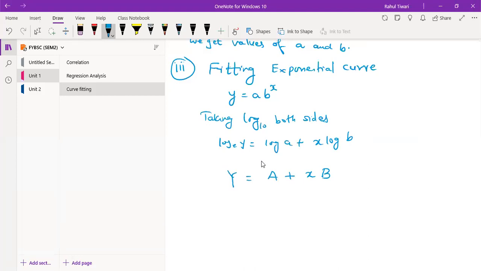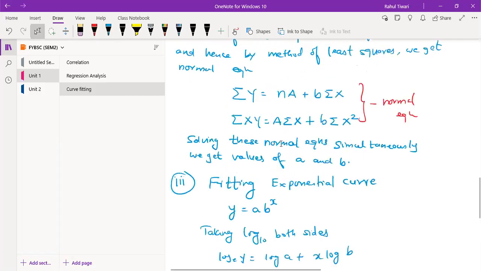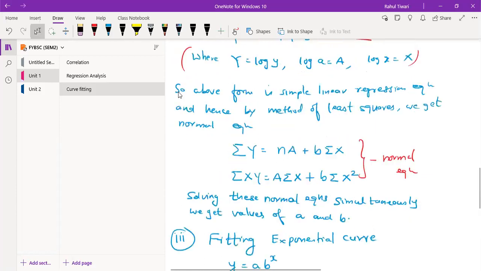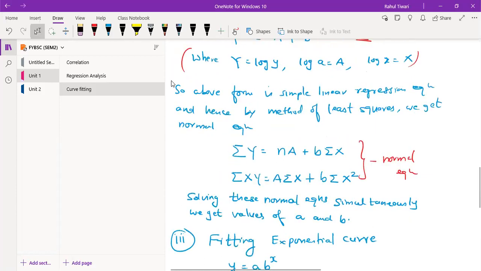This is what type of form? Again, it is the form of linear regression, SLR form. Hence, once you have Y is equal to A plus Bx, you can apply the method of least squares and get the values of all constants.